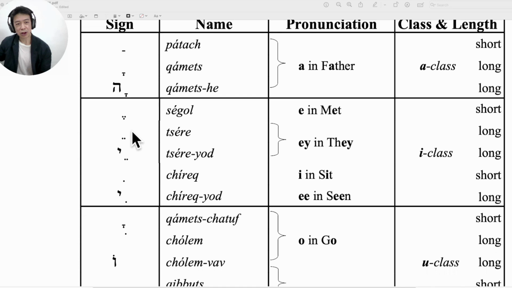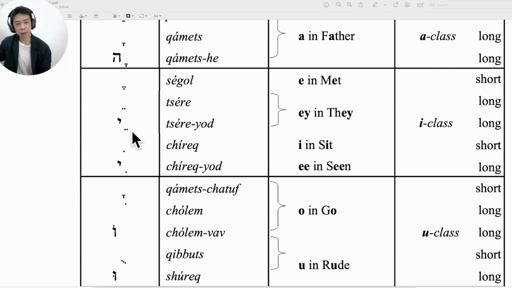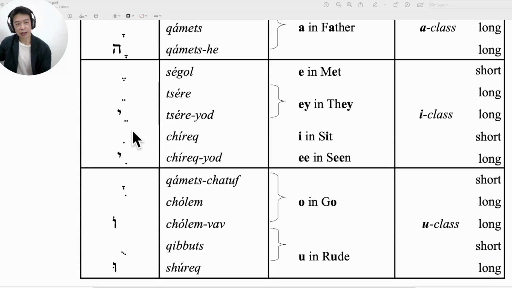This one with 3 dots is called a segol. It's pronounced as an a, as in mad. This one with 2 dots is pronounced like an a also. It's called a tsere.